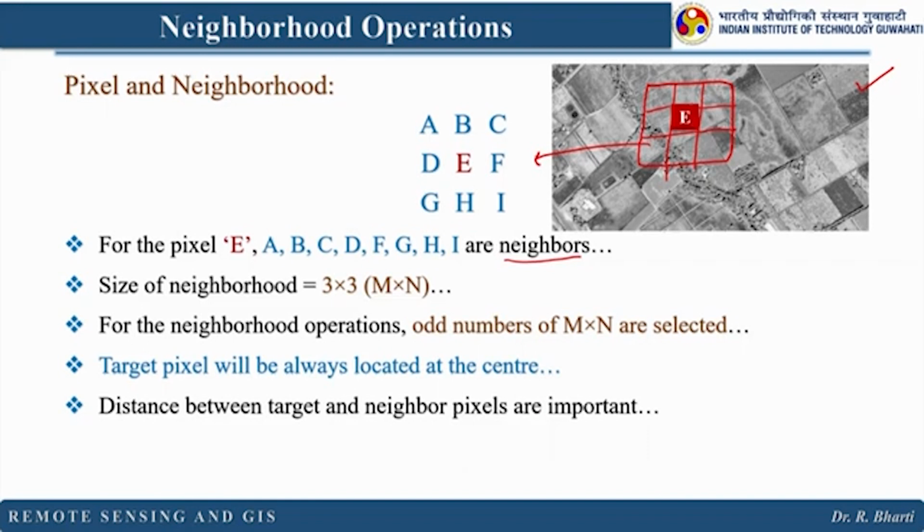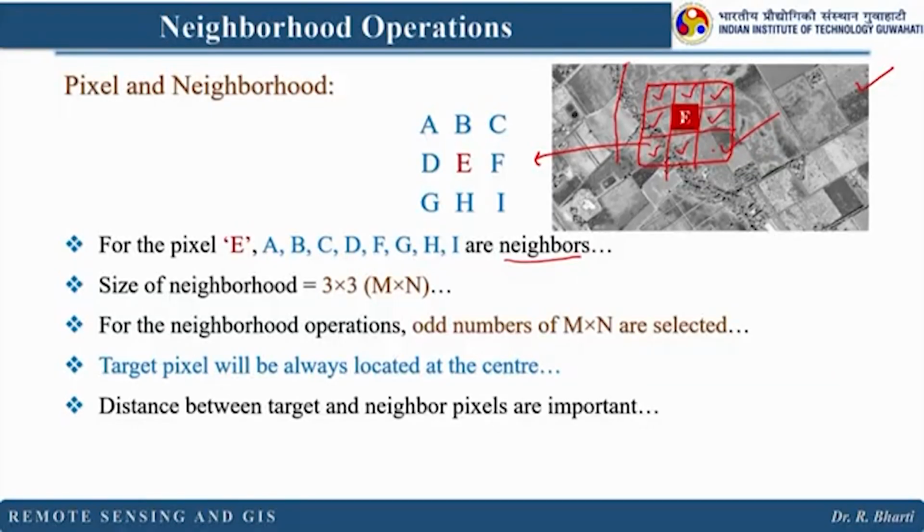So in case of a 3 by 3 matrix, when we are taking this neighborhood size, what is happening? The distance from E to this pixel, E to this pixel, E to this pixel, everywhere it is at the same distance. So this is very important. When it is 3 by 3, all the neighboring pixels are at equal distance. But when you are taking 5 by 5, 7 by 7, how will it grow?